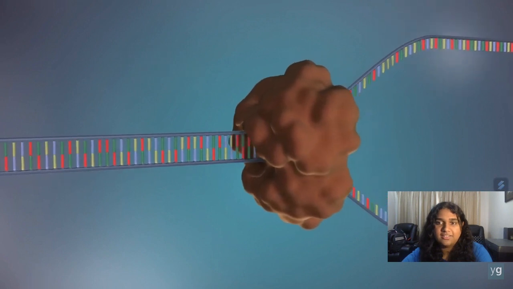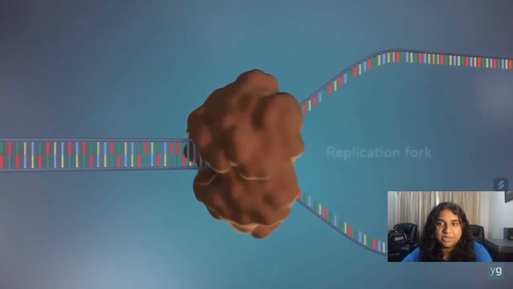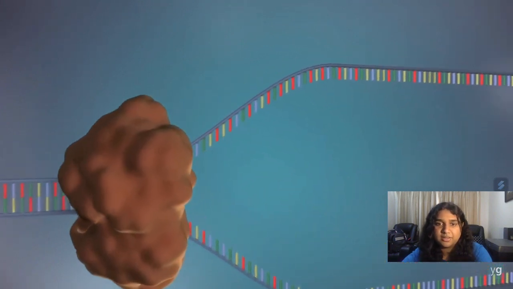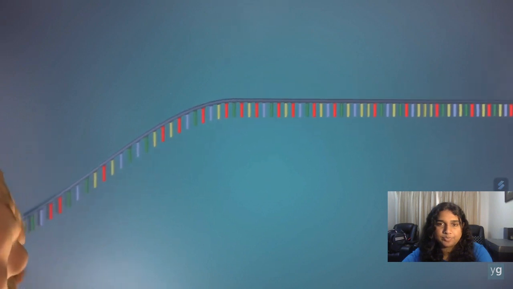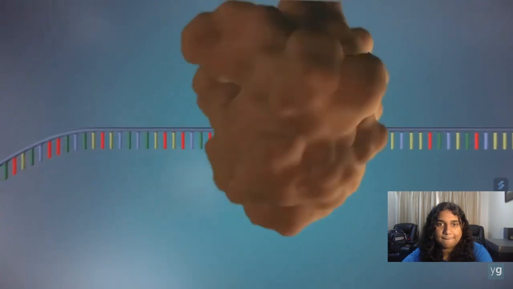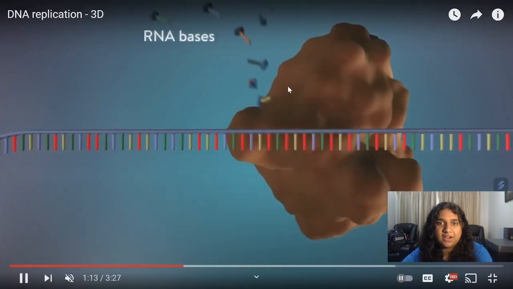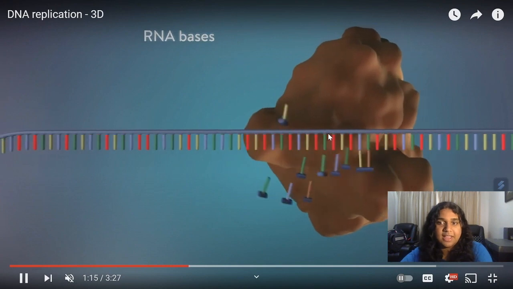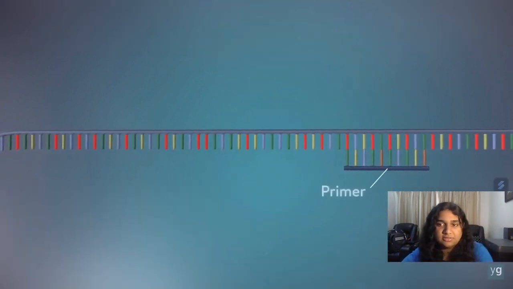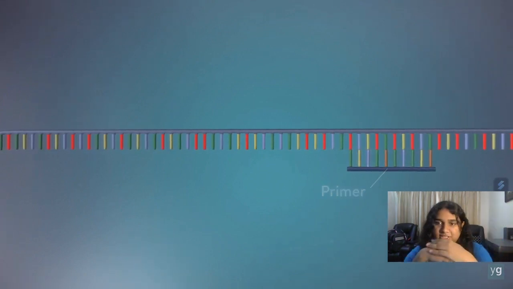So here we have helicase coming in, breaking the hydrogen bonds and exposing the bases in something called a replication fork. Then we have primase. Primase forms RNA primers basically that help the copied strand latch on to the template strand.